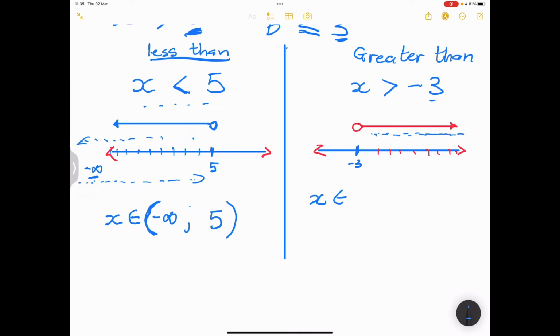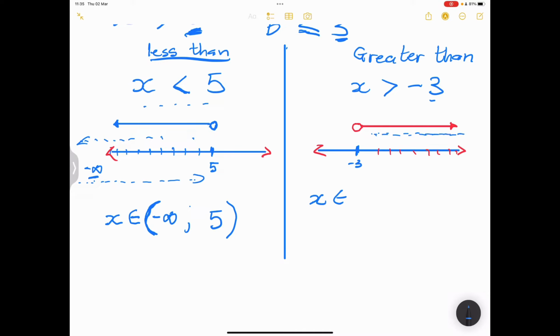So I'm going to say x is an element of from negative 3, which is the smaller value, and I'm increasing going that way. By the way, I'm using round brackets again, so it's telling me that I am not including that value, all the way until infinity in this case. And again, infinity is never included because it isn't a definite value, right? So that is how we'll use greater than.